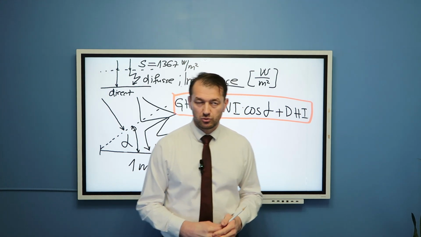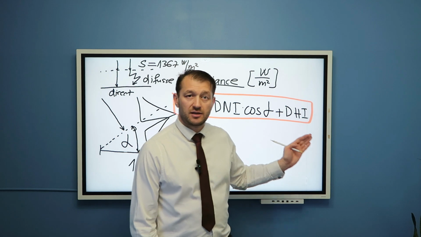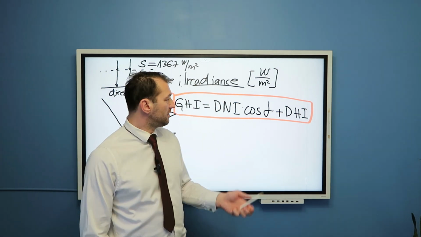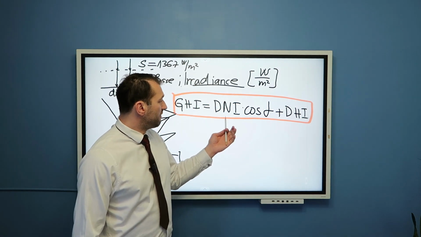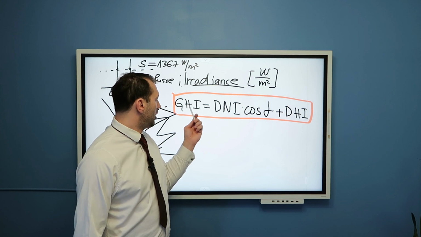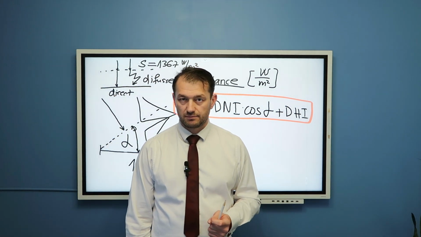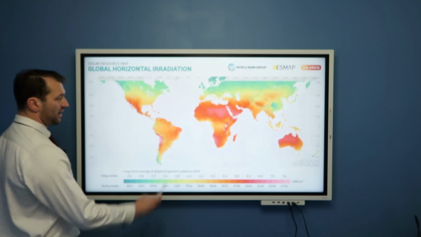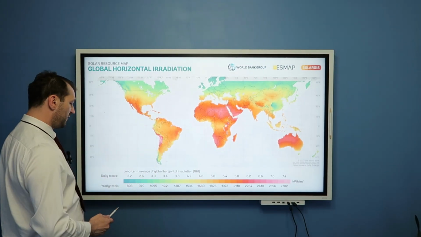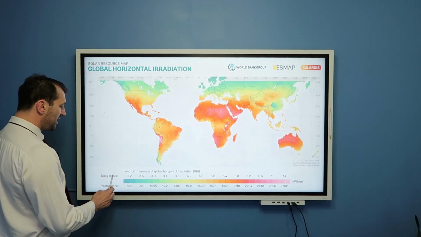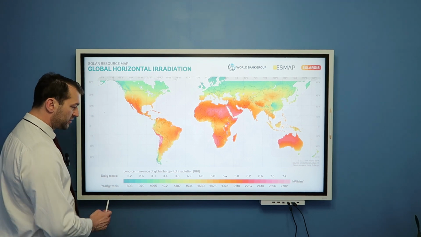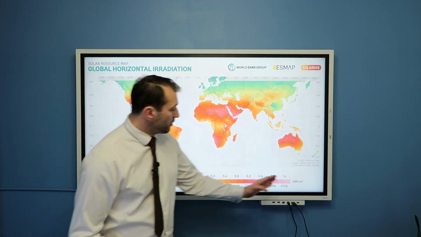Now I would like to show you a few maps that people created for our planet that show on average the amount of global horizontal and direct normal irradiances. Stay tuned. Here we have a map that shows global horizontal irradiation, and of course different colors provide different values, and they are either daily totals or yearly totals, and the units are kilowatt hour per square meter.